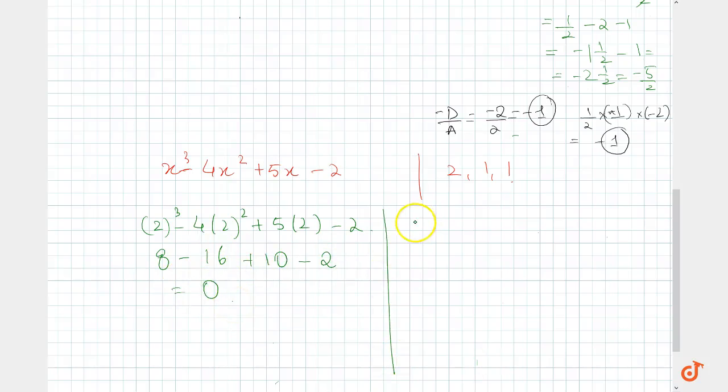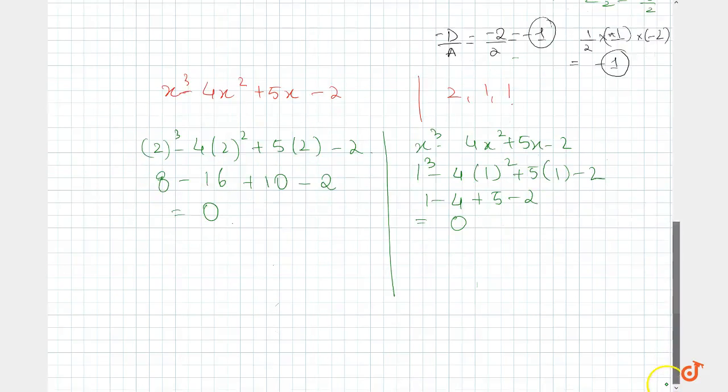Then we have x cube minus 4x square plus 5x minus 2. So 1 cube minus 4 into 1 square plus 5 into 1 minus 2. So 1 minus 4 plus 5 minus 2, which is equal to 0. So this is also verified. One is verified, one is verified.